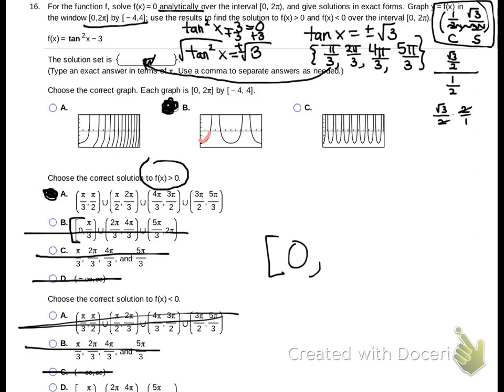Sorry, try to get the whole problem on one. This is what the first interval actually says. 0 is included. Why? Because 0 is right here. It is not on the x-axis. So it actually is able to use a bracket because it's not an open circle. Pi over 3 would be an open circle because it's right there. Okay. Not D. It's part D.